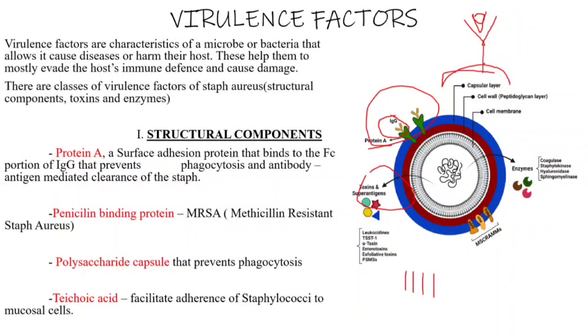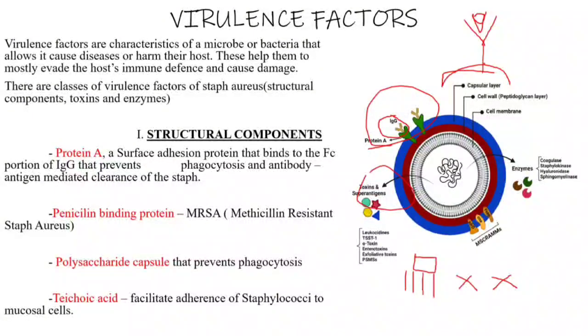So now what happens is penicillin binding protein comes to bind to the bacteria this way, and then causes the cross-linking of the peptidoglycan layer, thereby giving the bacteria structural integrity, which prevents antibiotics from killing it.